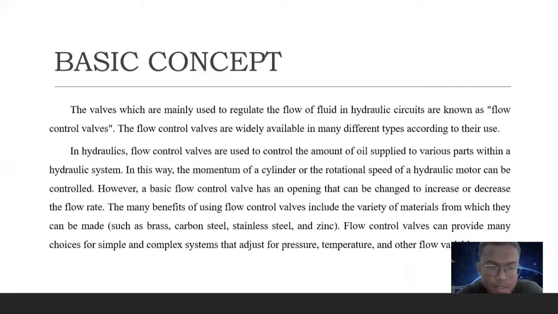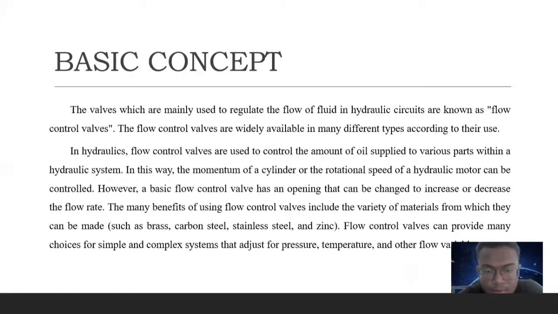In hydraulics, flow control valves are used to control the amount of oil supplied to various parts within a hydraulic system. In this way, the momentum of a cylinder or the rotational speed of a hydraulic motor can be controlled. A basic flow control valve has an opening that can be changed to increase or decrease the flow rate.